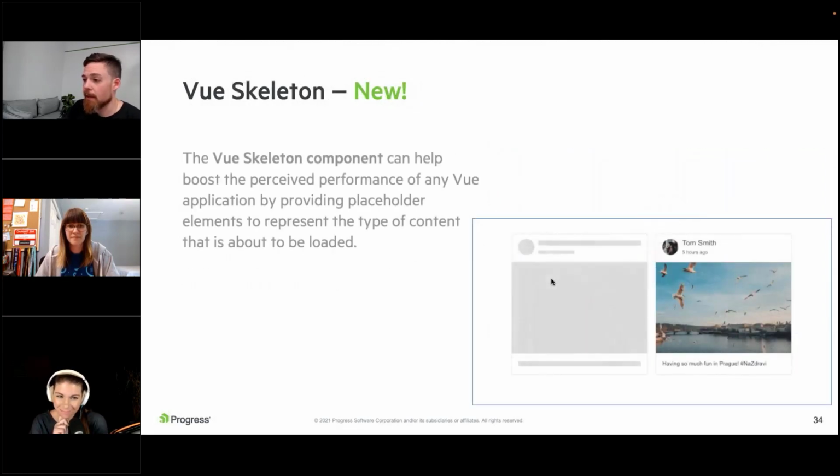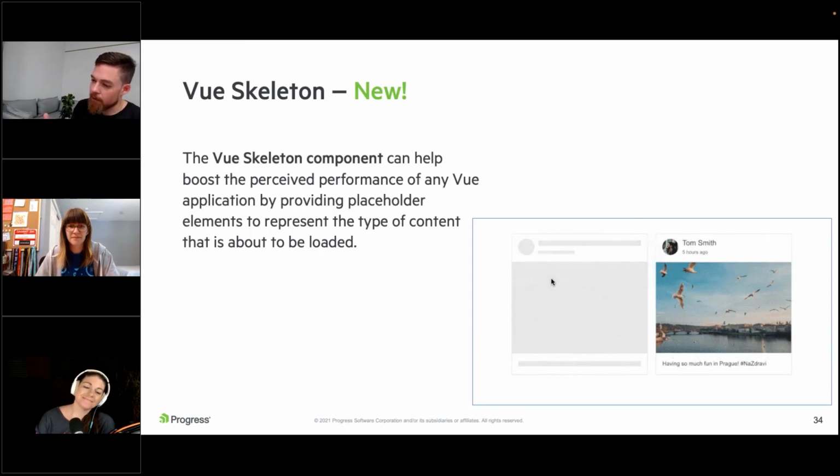The skeleton component is exciting because it allows you to have this interface you see on the left-hand side of the screenshot, where you define a layout of the content that is about to be loaded. And then as you're waiting for the content, like for example, images or data or something like that, that can take a little bit of time to load, once that loads, you can replace it over the skeleton and remove the skeleton.